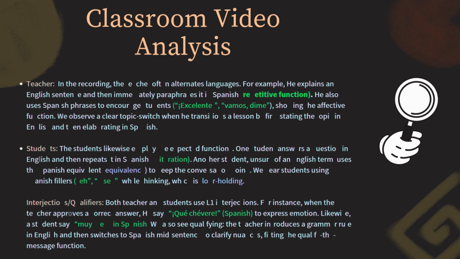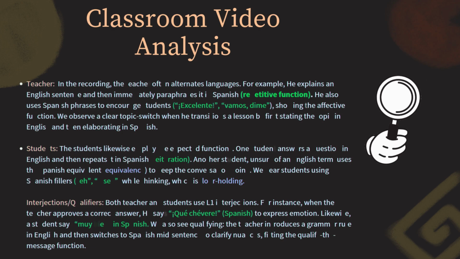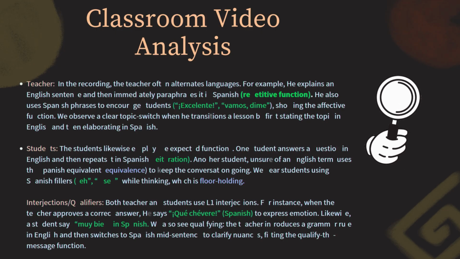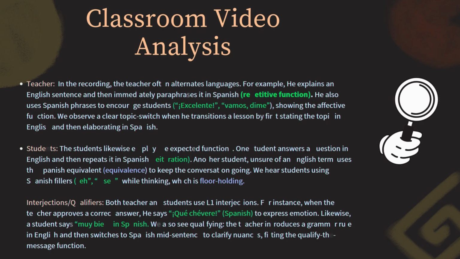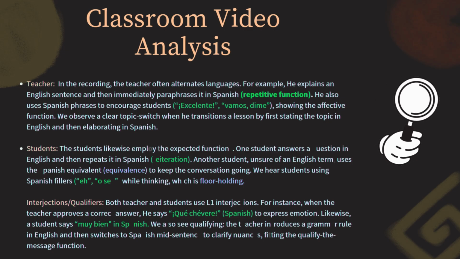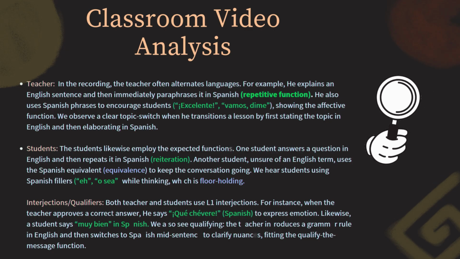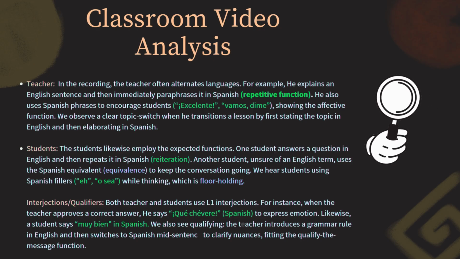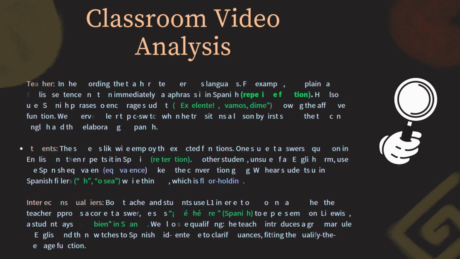They use Spanish for unknown vocabulary, equivalence, and to restate information, reiteration. Both sides use Spanish interjection and cross-language elaboration. In summary, the video shows code switching occurring in exactly the functional ways predicted by studies.